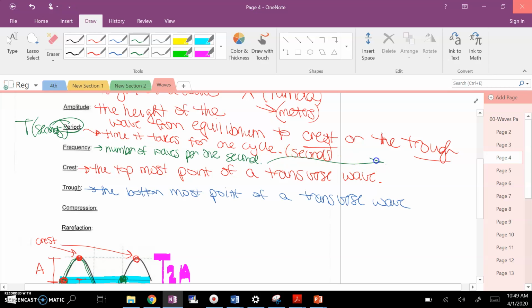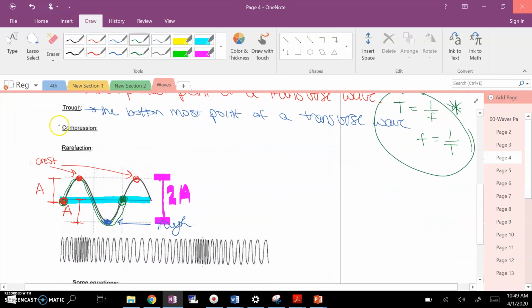This is frequency, lowercase f, is measured in hertz. To relate period and frequency, capital T is equal to 1 over f, or alternatively, frequency equals 1 over T. These are your two main equations here.